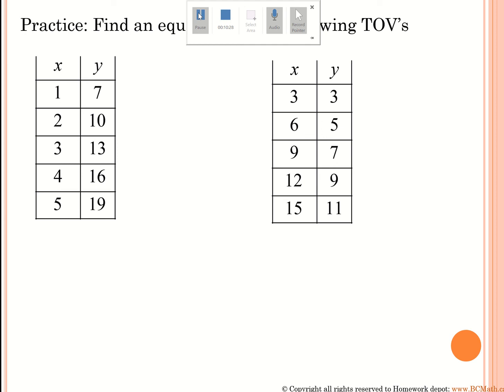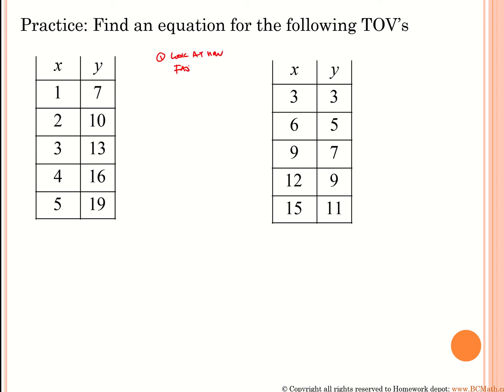Okay, so hopefully you had some time to try this question. Again, the first step is: number one, look at how fast each column is increasing. From 7 to 10, you plus 3.